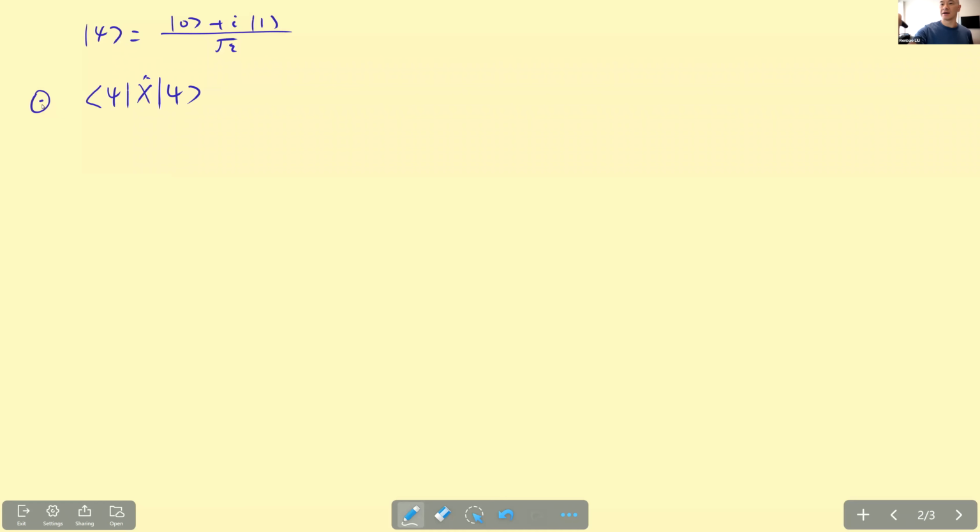So we try to calculate this one. So this one equals what? Again, this is <0|, this is minus i <1|, then the x operator, and this is |0> plus i|1>.